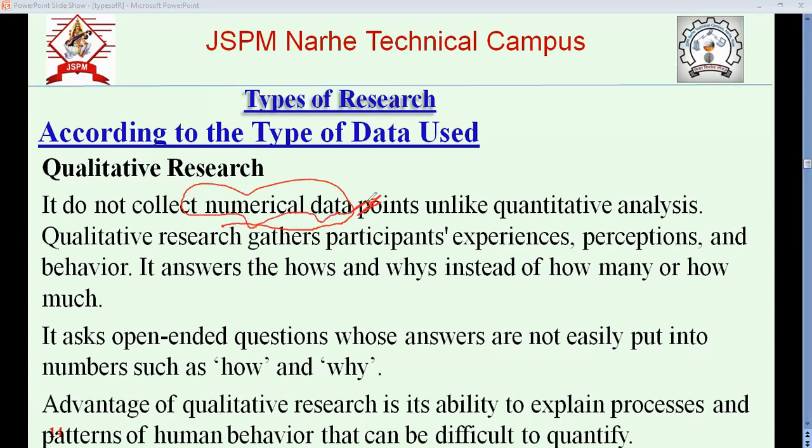Okay, so what do we deal with? Generally we deal with the participants' or respondents' experiences. Experiences are generally expressed in words, not in numbers.